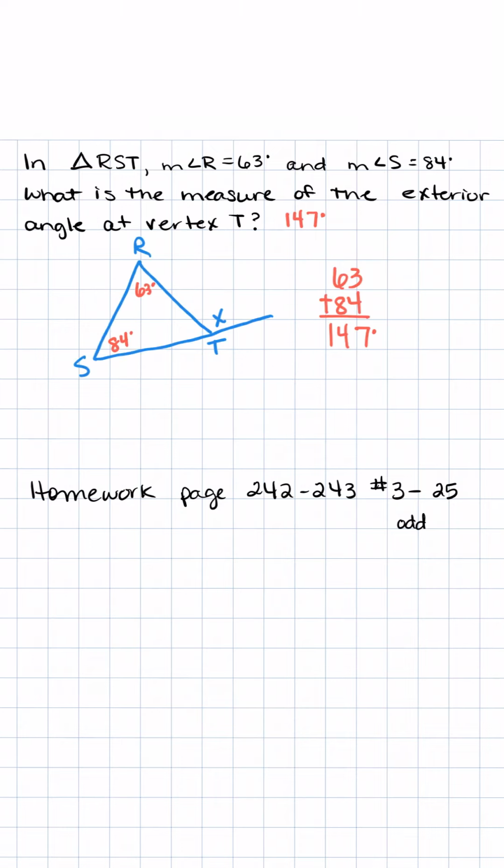Just based on your knowledge that angle S and angle R added together equal the exterior angle at the vertex T, you could just add them together. You get 147 degrees, and you know that the exterior angle is 147 degrees.